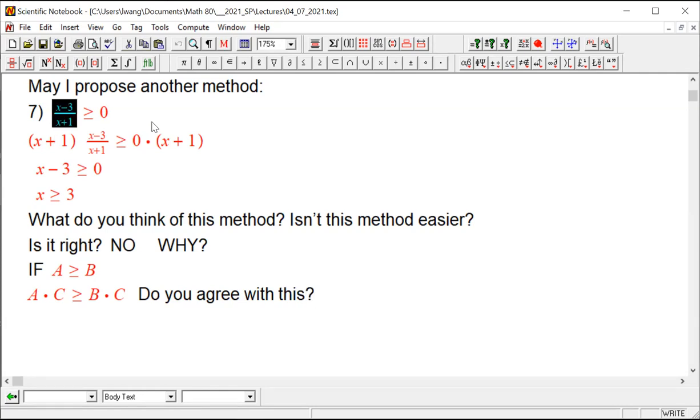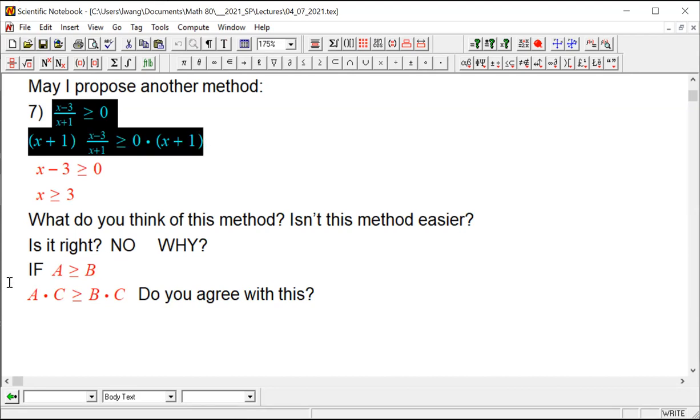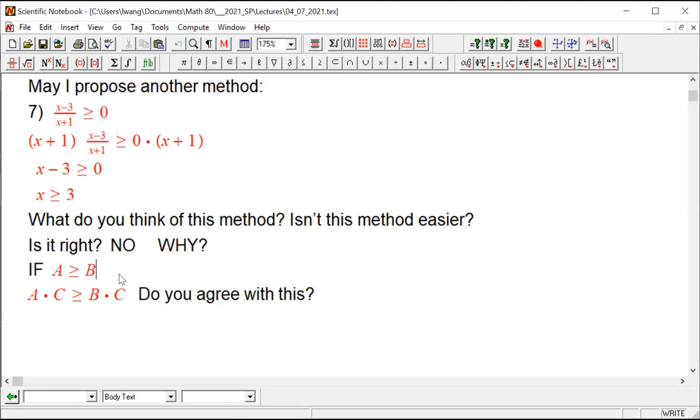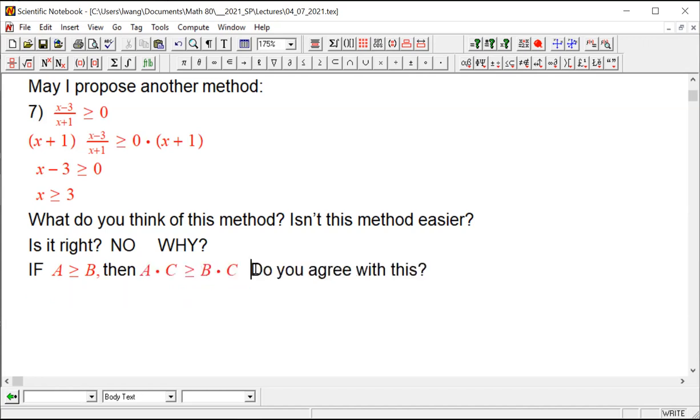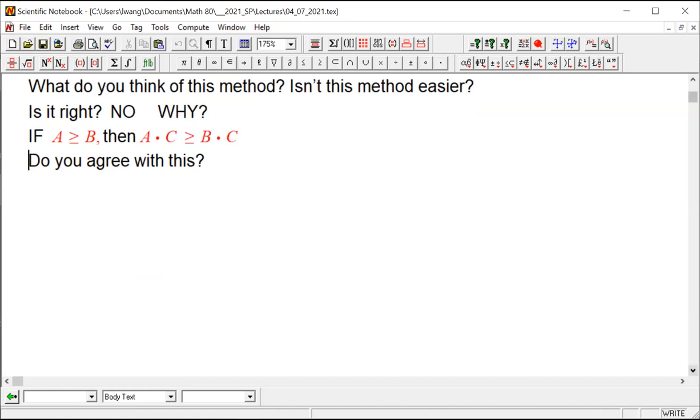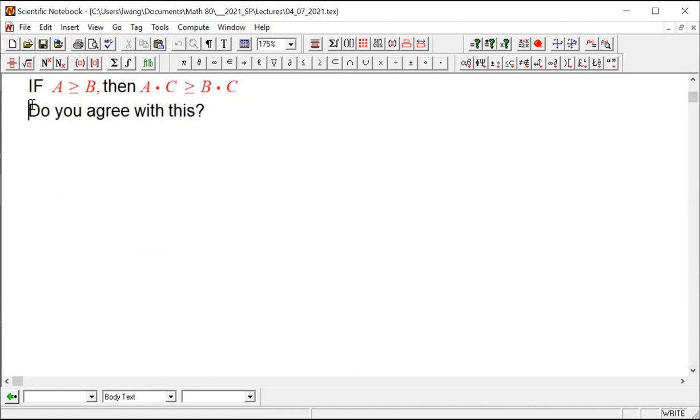If we acknowledge these two steps are correct, you're acknowledging this. So let's just look at these two statements.